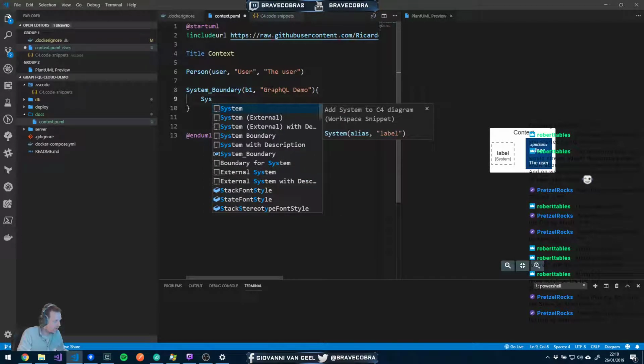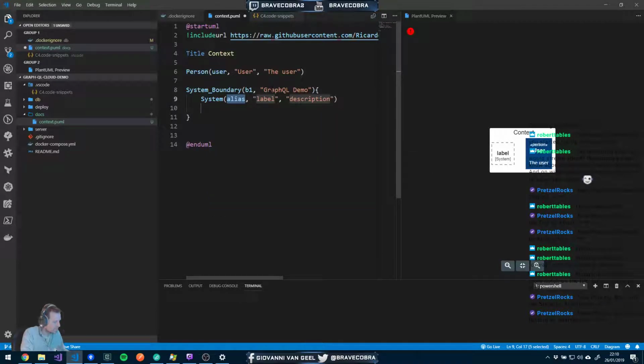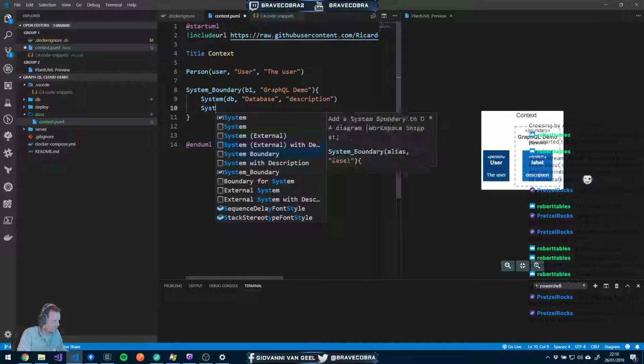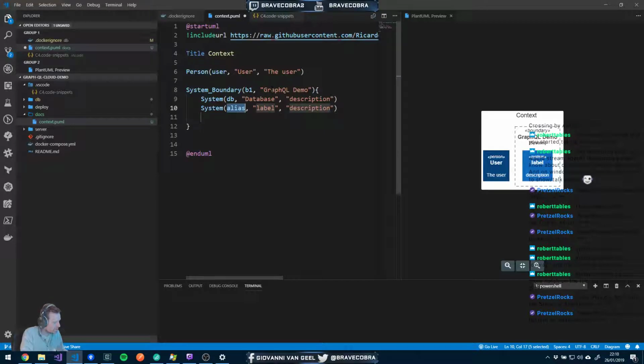And this one is going to have two systems, which is going to be the database and which is going to be the server, right? So it will look something like this.